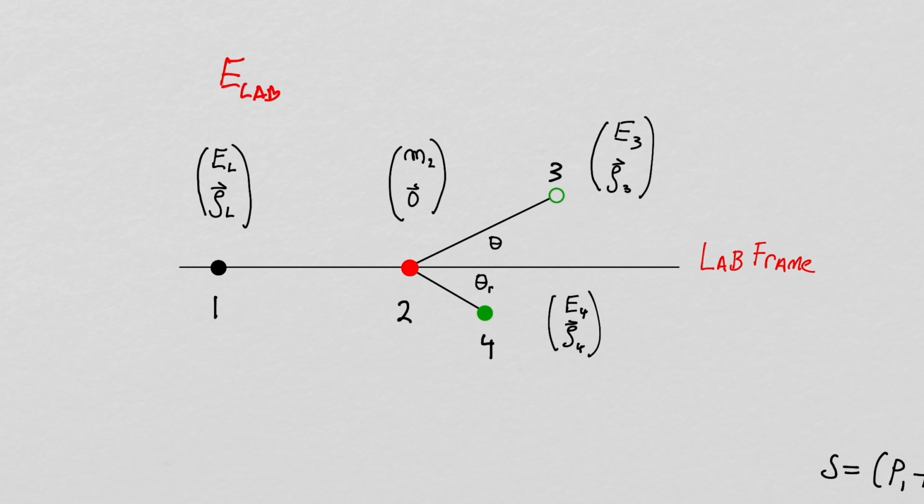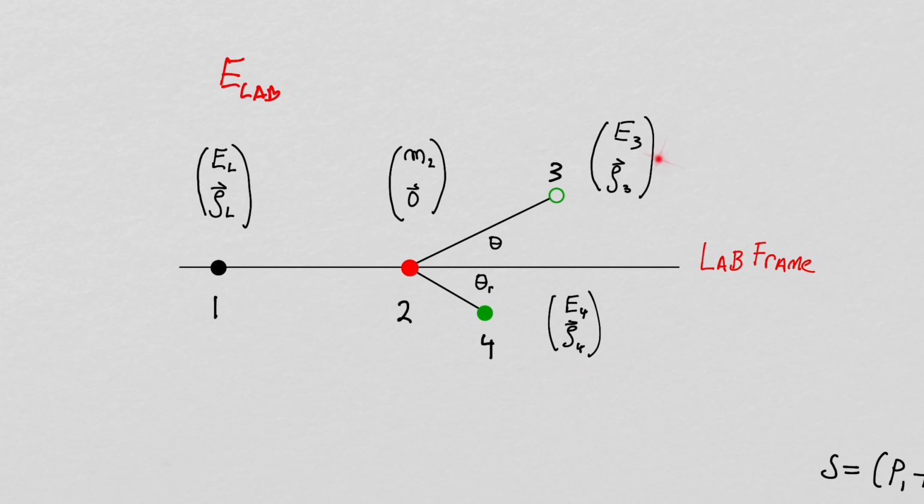And because of this, you can get rid of using that little circle all the time on top of the equal signs, because you're now tagging the variable itself as being specific to the lab frame. And then the momentum of the incident particle will be the 3-momentum p sub L. Remember, the target has zero momentum. So we just say 3-momentum lab frame, and that always refers to the incident particle.